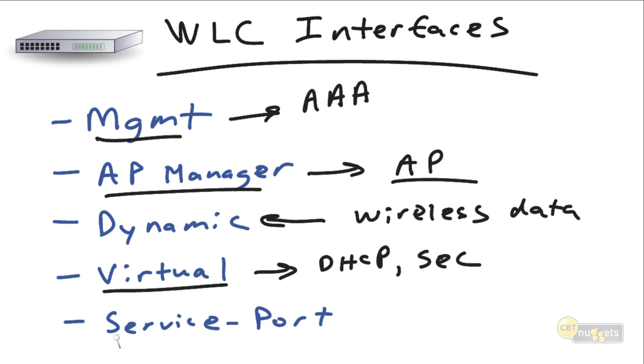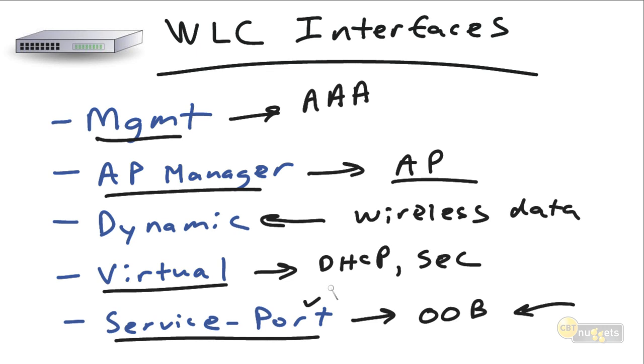And then there's the service port interface, and this interface is for out of band management. So when we want to come in and do particular management tasks on the wireless LAN controller and ensure that that traffic is completely segregated from the data traffic of clients and segregated from the access point traffic, we use this service port.